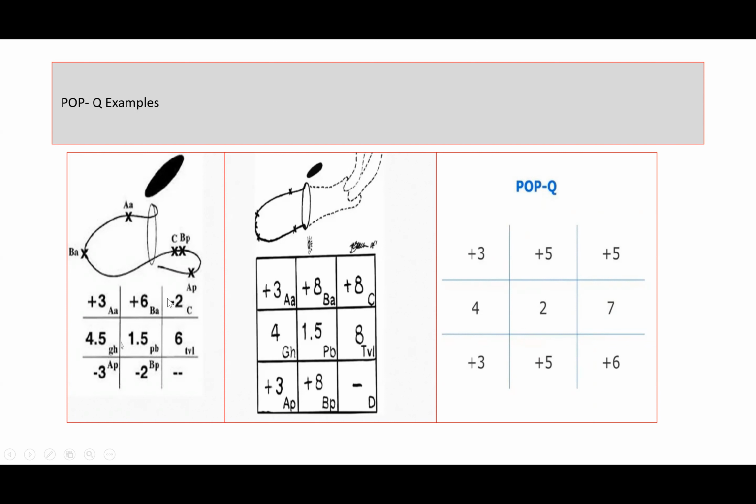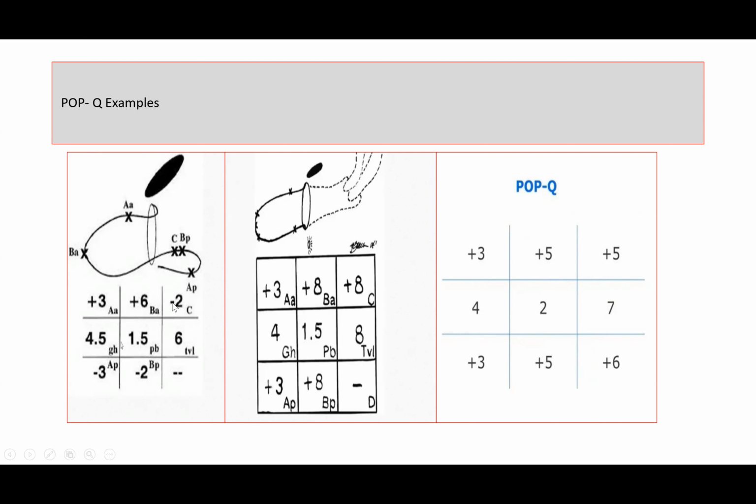When you see any value minus, then you think about either it is stage 2 or stage 1 prolapse. So when it is minus 2, so here we know that stage 1 prolapse. What is stage 1 prolapse? This is less than minus 1, okay?